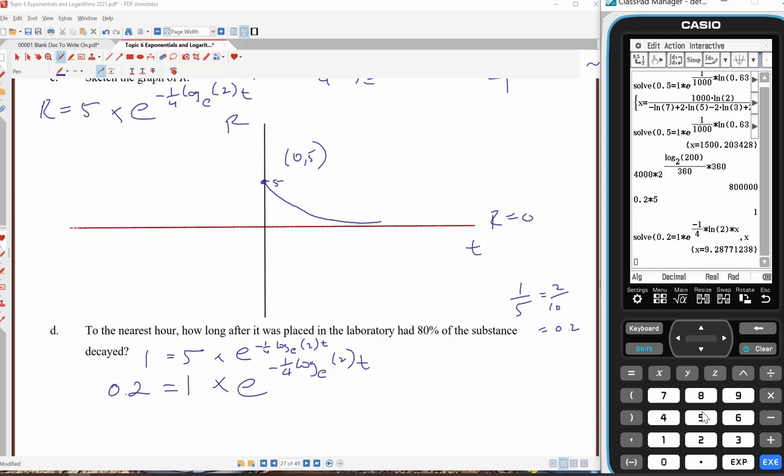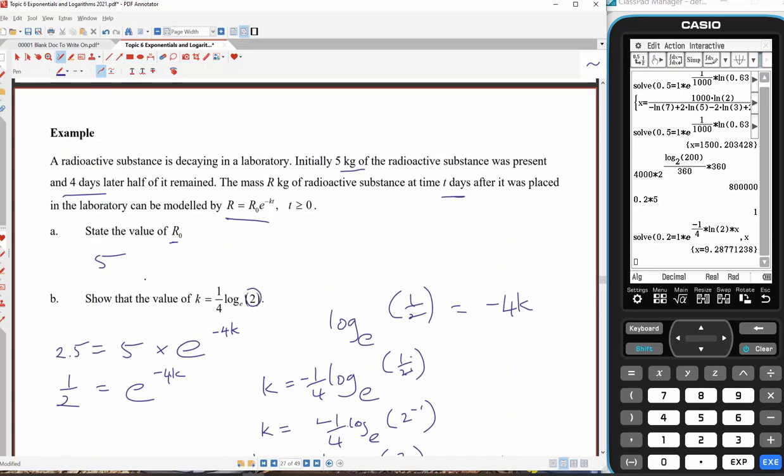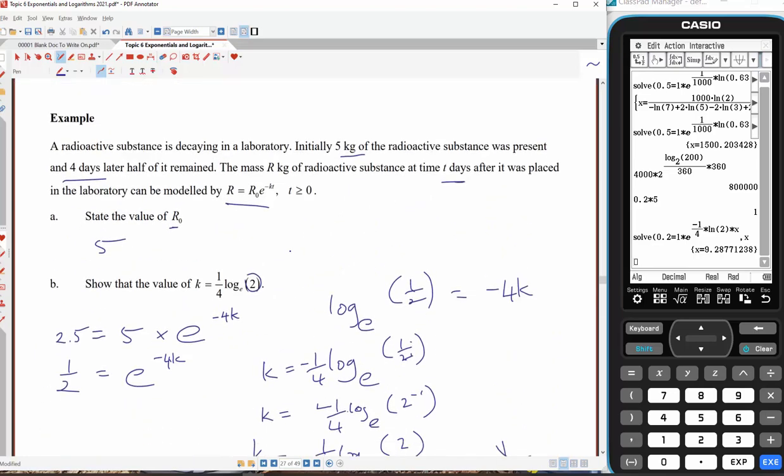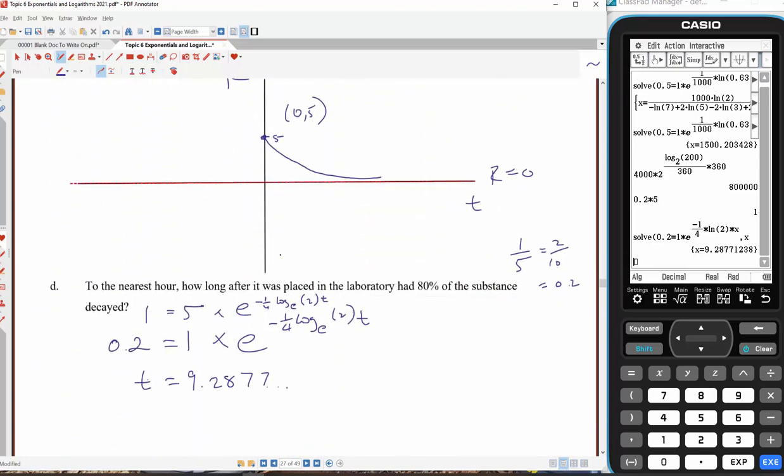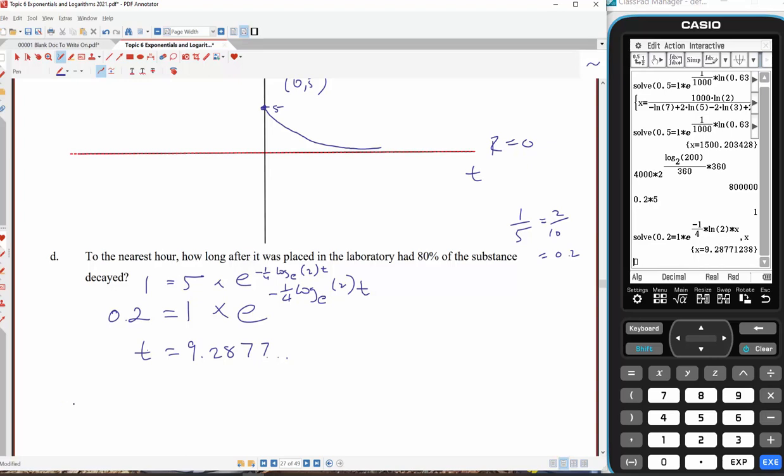So we're going to say that t is equal to 9.2877... So this is days. Okay, so this is 9 days.